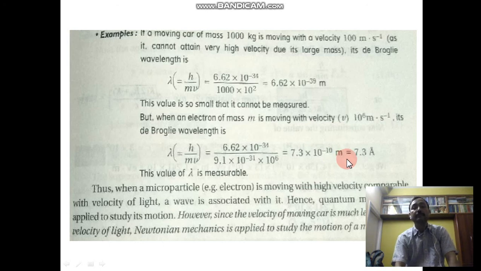This value of lambda is a measurable quantity. Thus, when a microparticle, for example an electron, is moving with high velocity comparable with the velocity of light, a wave is associated with it. Hence, quantum mechanics is applied to study its motion. However, since the velocity of a moving car is much less than the velocity of light, Newtonian mechanics is applied to study the motion of the moving car.